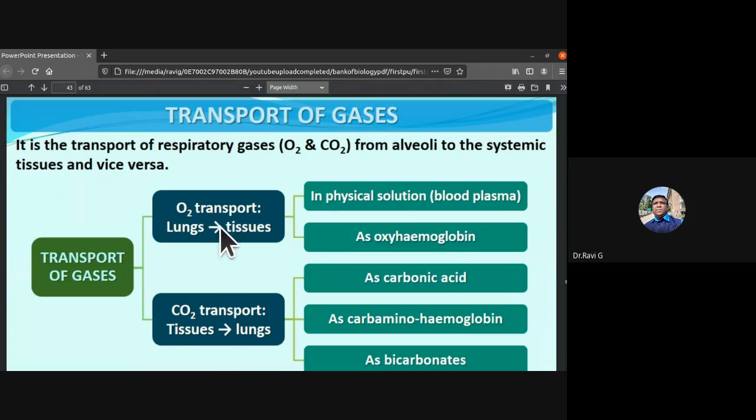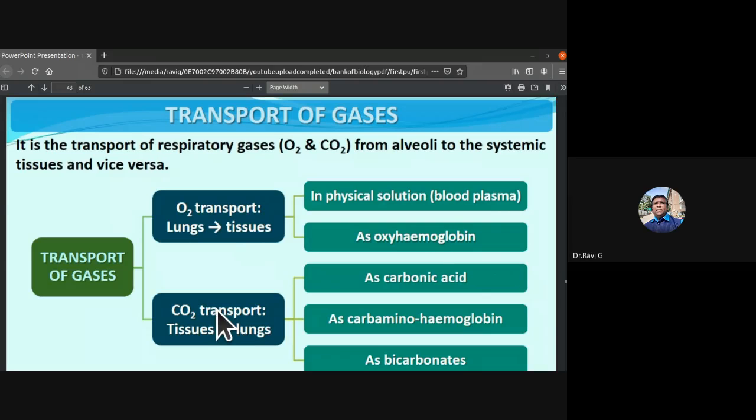The transport of oxygen, from lungs to tissues, in blood: a little percentage is present as a physical solution, diffused in blood plasma. Majorly, the oxygen is transported and carried by the blood in the form of oxyhemoglobin.